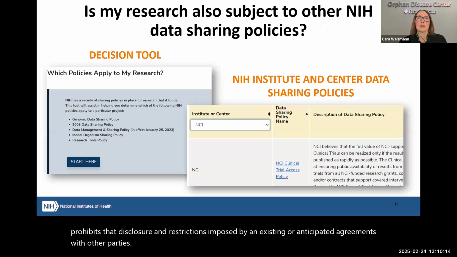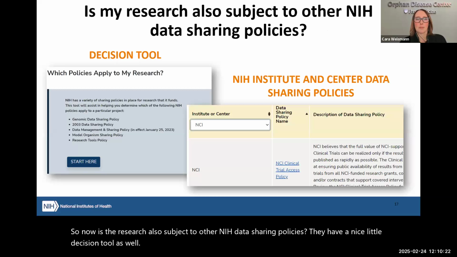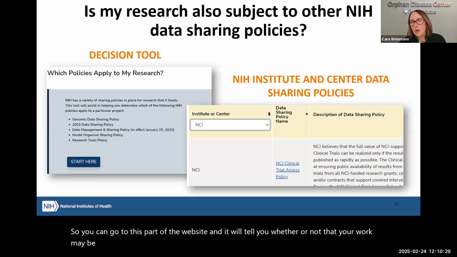Now, is the research also subject to other NIH data sharing policies? They have a nice little decision tool as well. You can go to this part of the website, and it will tell you whether your work may be applicable to other policies. One of the policies that might come into play is the genomic data sharing policy.